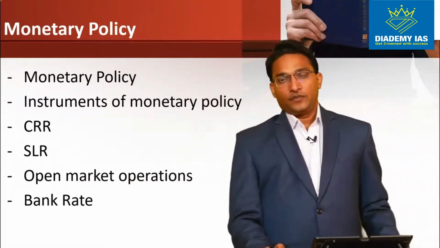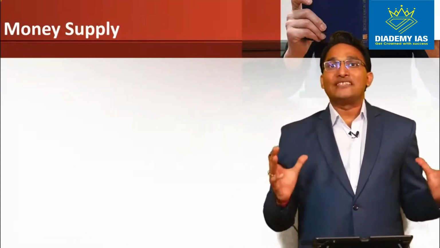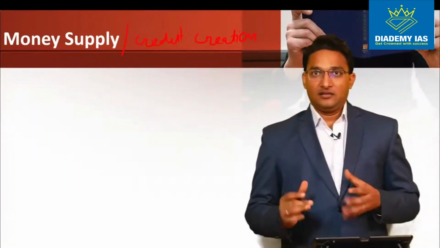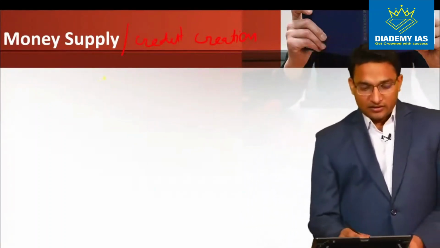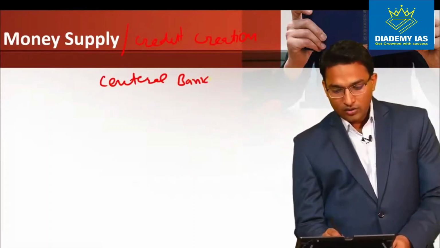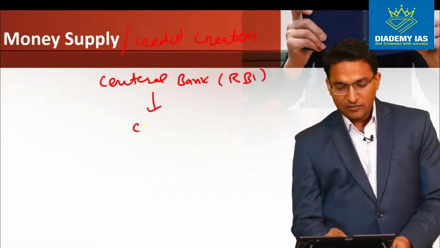First of all, we need to understand the meaning of money supply, or in alternative words, credit creation in the economy. As a layman, we can see that the central bank, or the RBI, issues some currency.